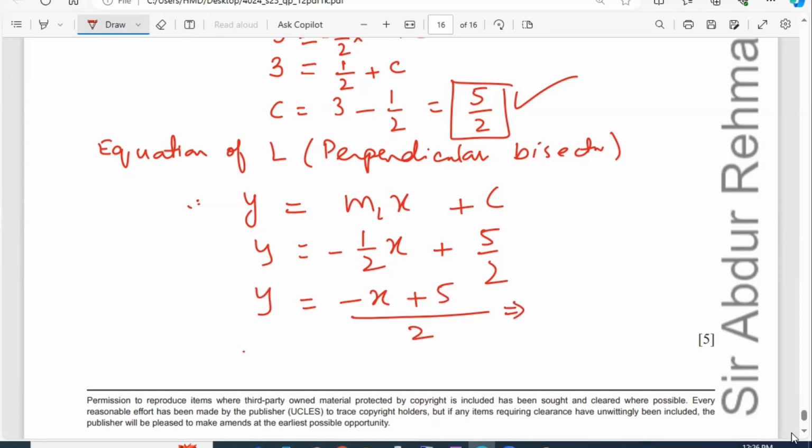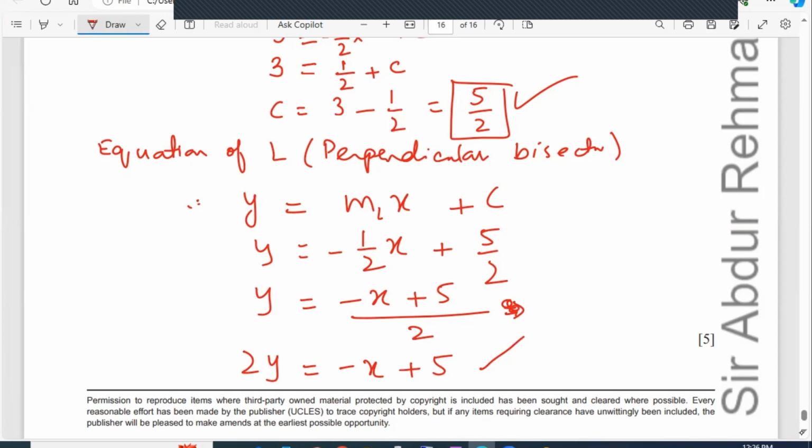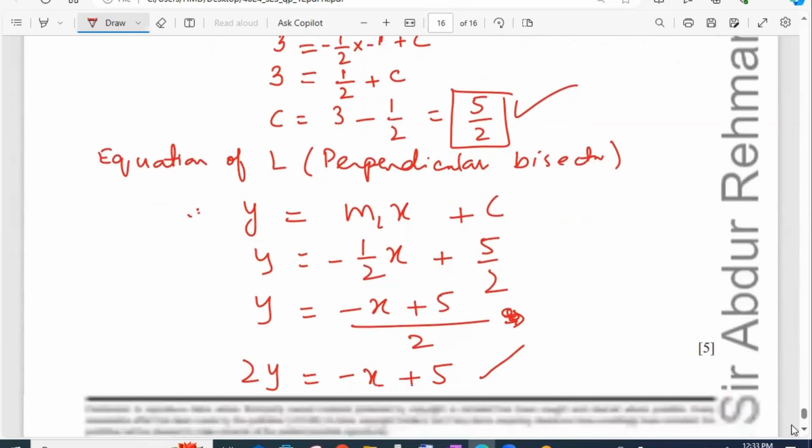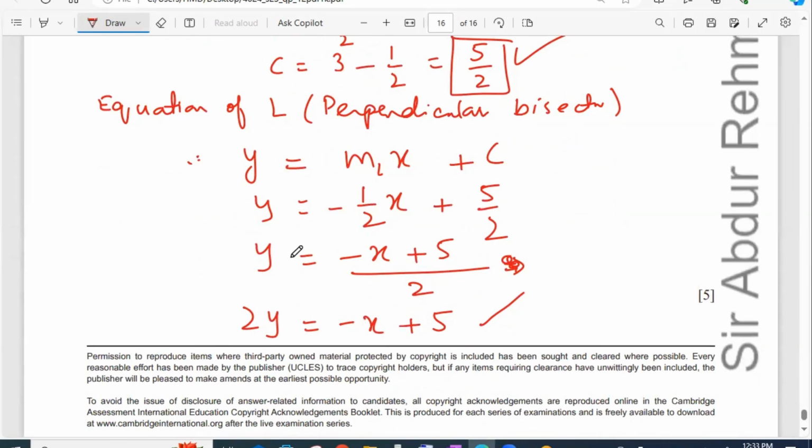Now 2y equals -x plus 5, or we can say 2y plus x equals 5.